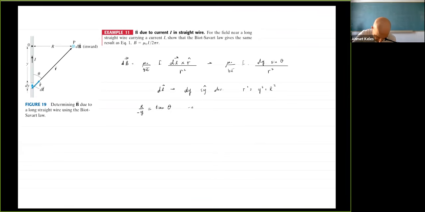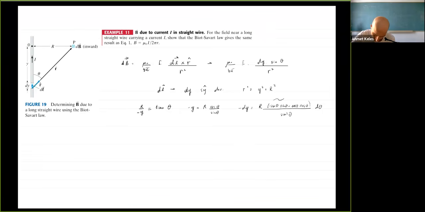or minus y is equal to R times cosine theta divided by sine theta. If I take the derivative, minus dy is equal to R times, okay, cosine times cosine theta minus sine theta times minus sine theta, divided by sine squared theta, d theta.